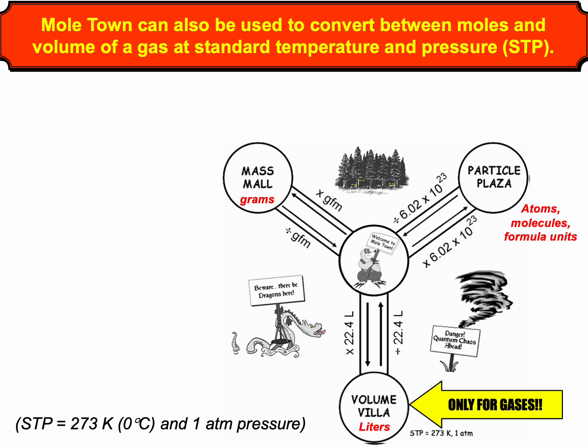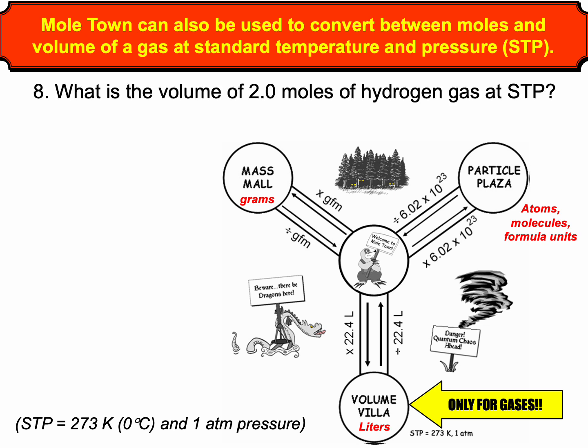All right, so we can also use this mole town picture to convert between moles of a substance and volume of a gas at standard temperature and pressure. So what is the volume of 2 moles of hydrogen gas? So the method is the same. We're starting out with 2 moles, so we're here in the center of town.